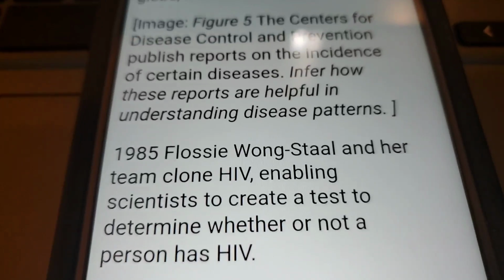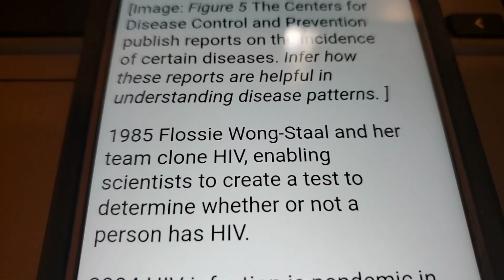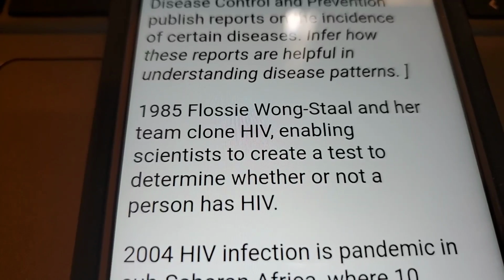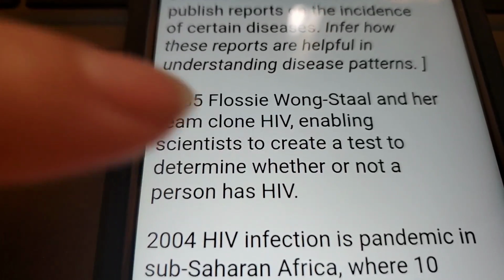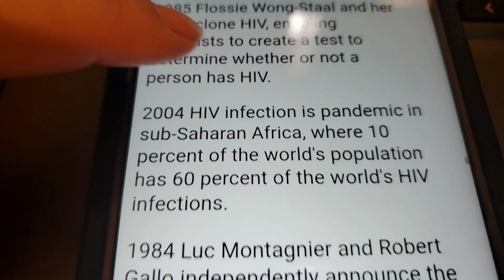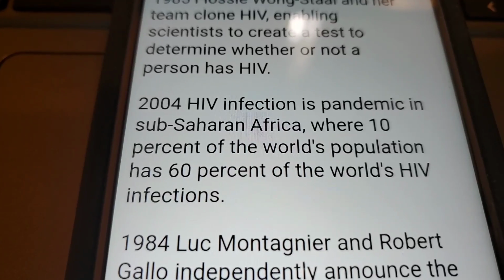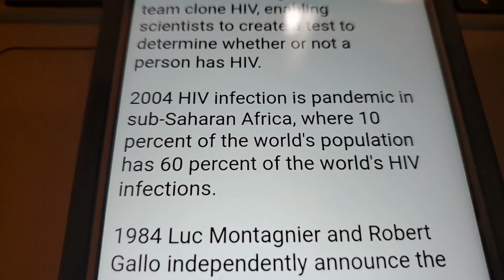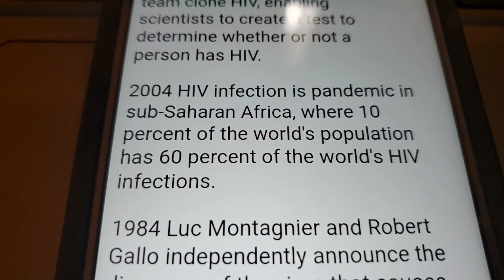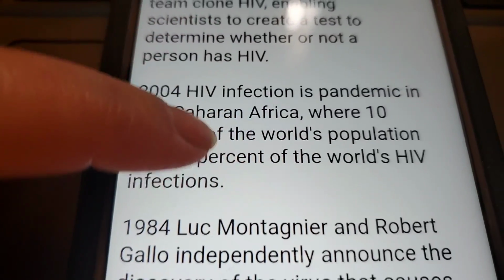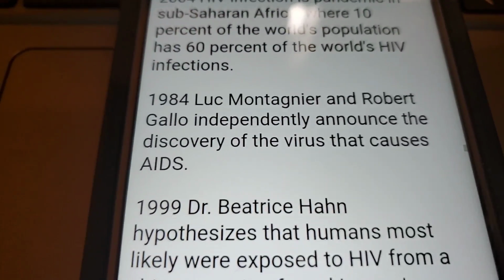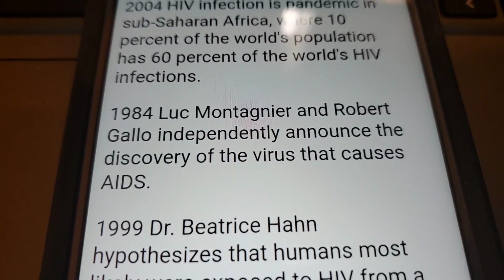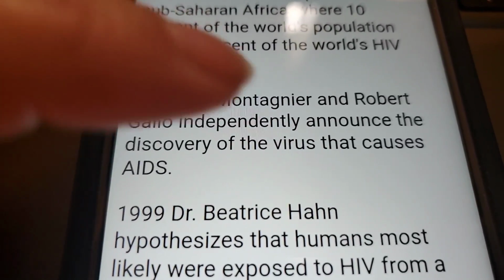In 1985, Flossie Wong-Staal and her team cloned HIV, enabling scientists to create a test to determine whether or not a person has HIV. HIV is pandemic in sub-Saharan Africa, where 10% of the world's population has 60% of the world's HIV infections. In 1984, Luc Montagnier and Robert Gallo independently announced the discovery of the virus that causes AIDS.